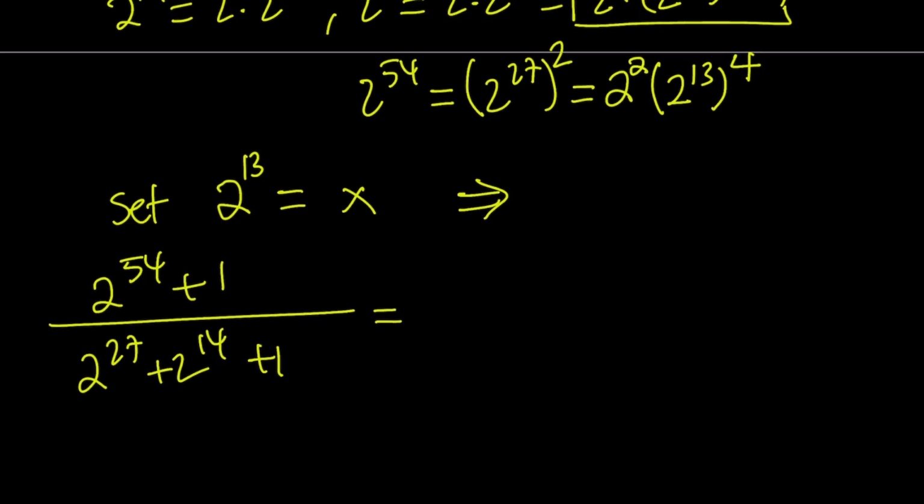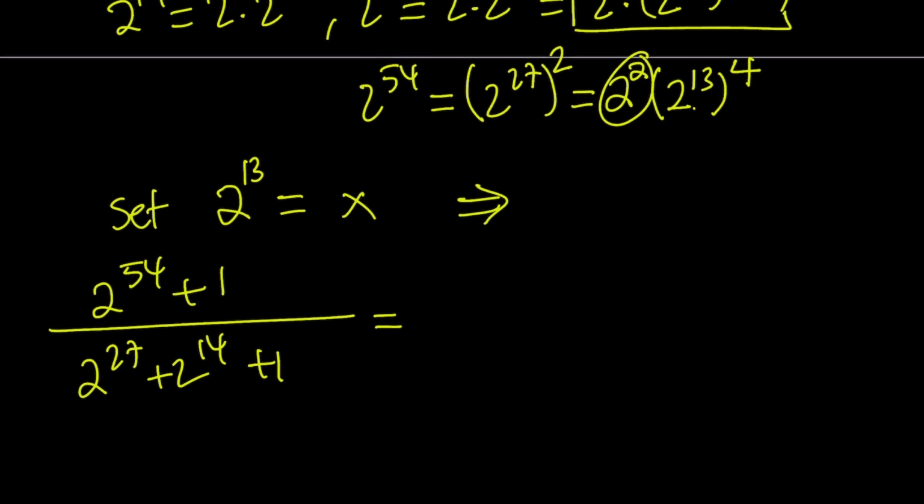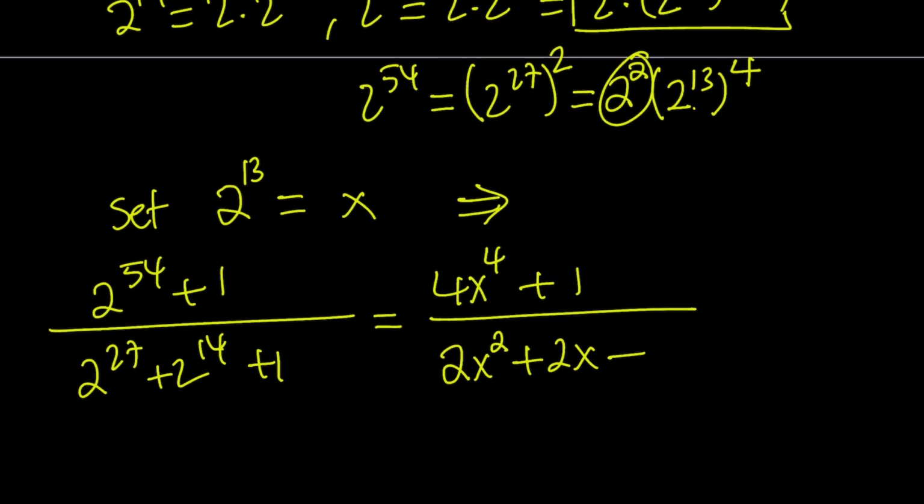So 2 to the power 54 is just going to be x to the fourth multiplied by 2 squared, which is 4. So we can write it as 4x to the fourth plus 1. And 2 to the 27th is 2 to the 13 squared times 2. So we can write it as 2x squared. And 2 to the 14 is just 2 times 2 to the 13. So we can write it as 2x and then plus 1.